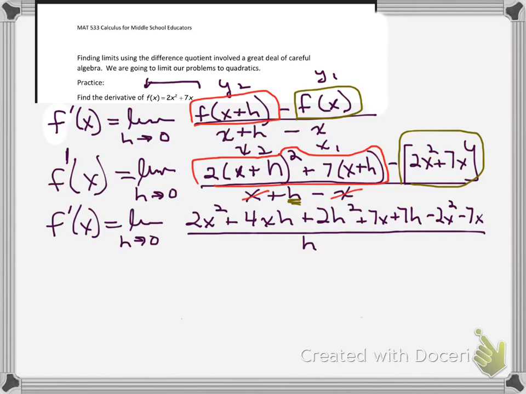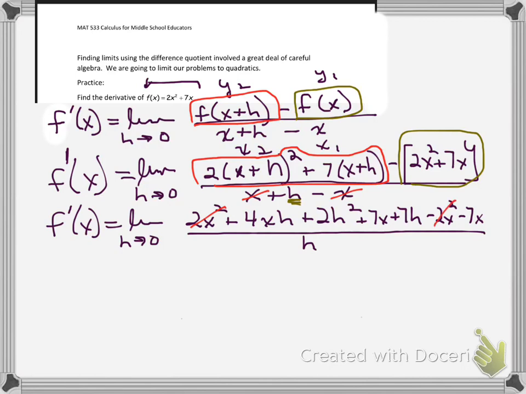Okay, so now what has to happen for this to all work out is you have to make sure that your math allows you to cancel out every x not associated with an h. So watch what I mean. Looking only at the numerator, I have a 2x squared here. It has no h. Do I have its opposite down here? Yes, I do.